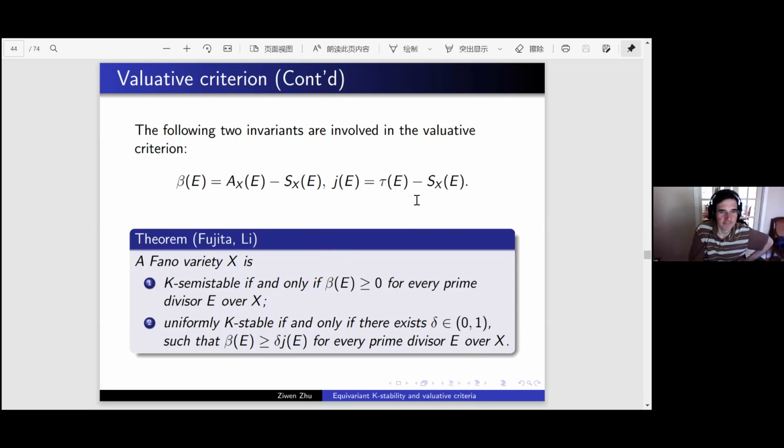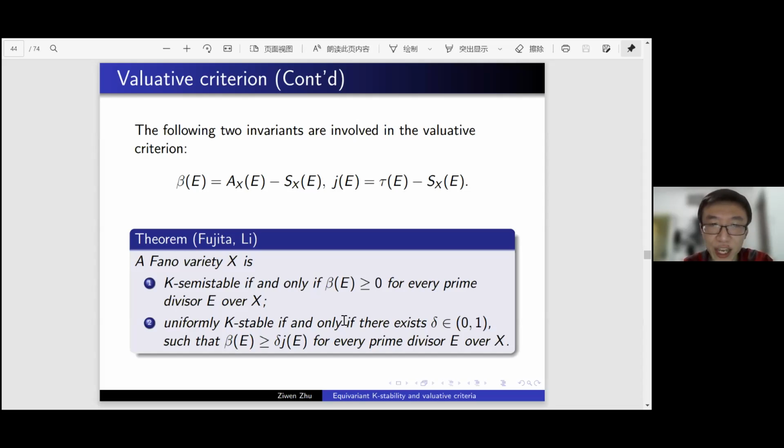It works. Great. So this theorem is developed by Fujita and Li separately. For K-semistability, we look at the beta invariant for any prime divisor E over X. As long as the beta invariant is non-negative for every prime divisor over X, then we know that the variety is K-semistable.